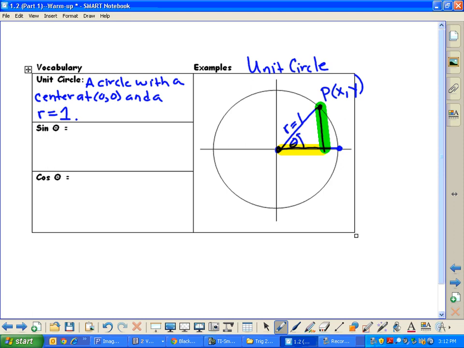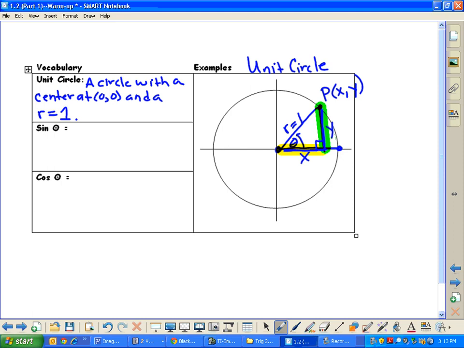So if I call my point P (x, y), that tells me I've traveled across a distance of x, so that segment is x, and I've gone up a distance of y in my coordinate plane. In tracing out the path to get to this point, I've drawn a right triangle. I went over x and up y, and landed at point P (x, y).